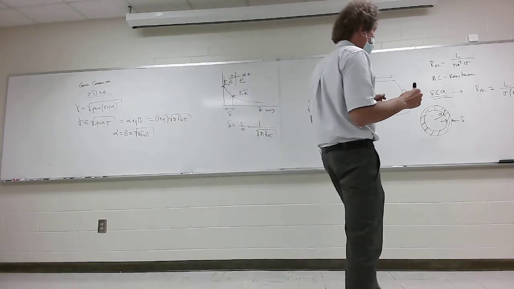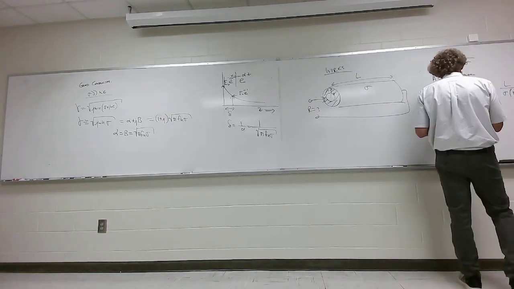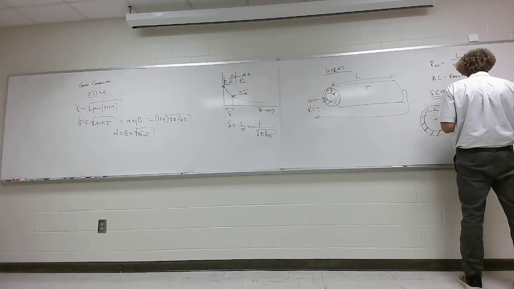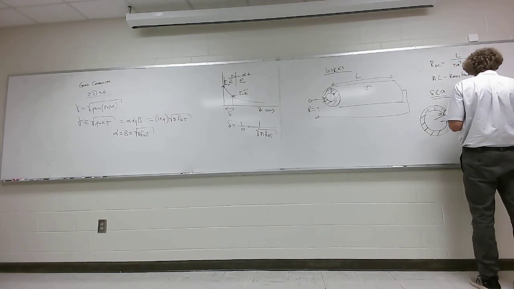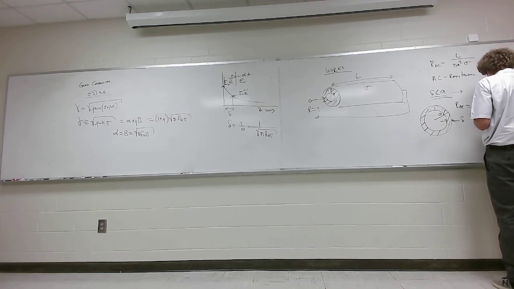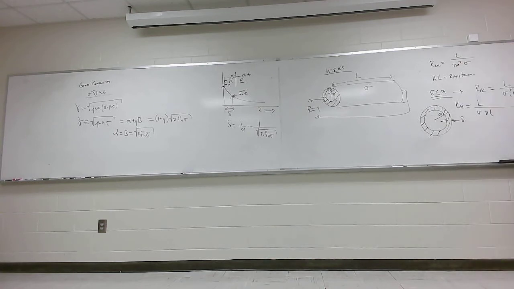Now, I'll simplify it right here. That means the AC resistance technically would be L over sigma times pi, and I'd see the A squareds cancel, and I'd have pi times 2A delta minus delta squared, skin depth squared.